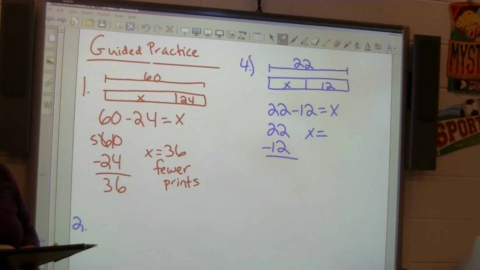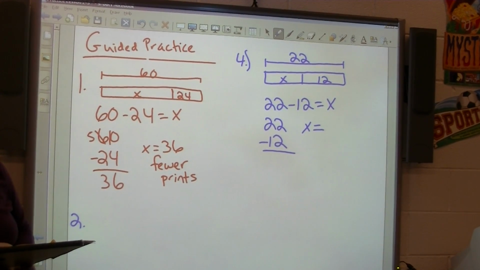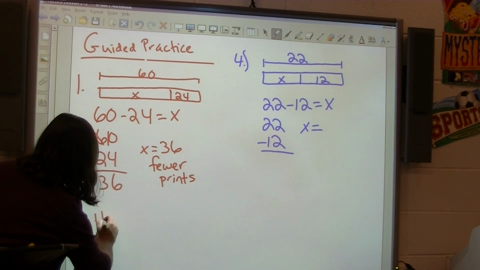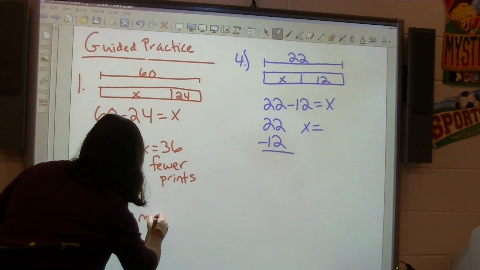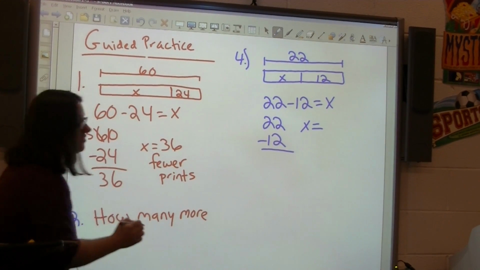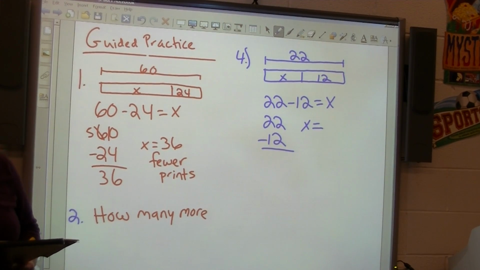Look back at the top of page 44. Good, right. Your clue words are how many more. So please put that down for your number 2. How many more? Those are clue words that I need to use subtraction. Good job. All right, we were going to skip number 3. If we have time, we will do that together in class.